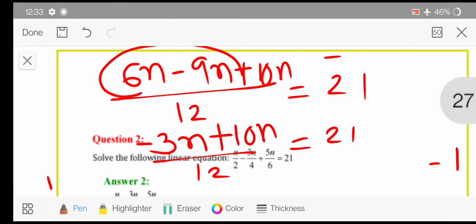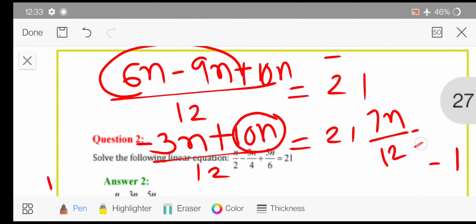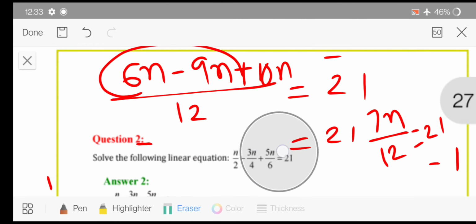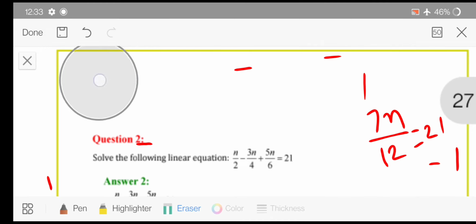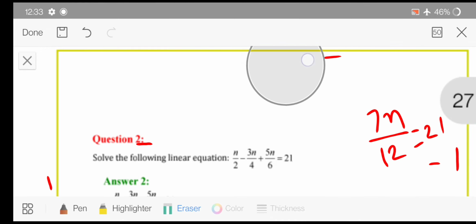Now minus 3n and plus 10n have opposite signs, meaning you will subtract. So what will 10 minus 3 be? 10 minus 3 is 7n, and this 10 is greater, so it is positive. 7n upon 12 is equal to 21. Now you can see this 7n and 21 are in division. If I want to find the value of n, then I need to transpose them.